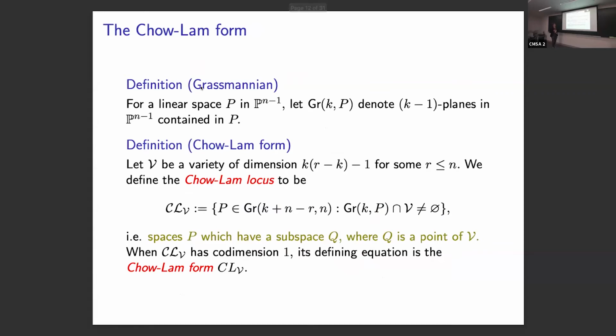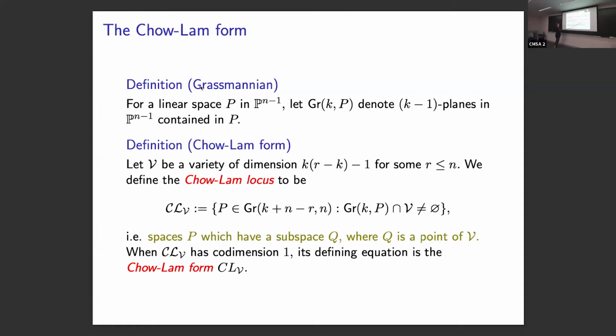Right, so let me give you the new definition. We're going to fix a variety, and we're going to ask for it to have a particular dimension, one dimension lower than some Grassmannian, the Grassmannian of K comma R. And we're going to define the Chow-Lam locus to be the subspaces of dimension K plus N minus R which contain a subspace Q, where Q is a point in the original variety.